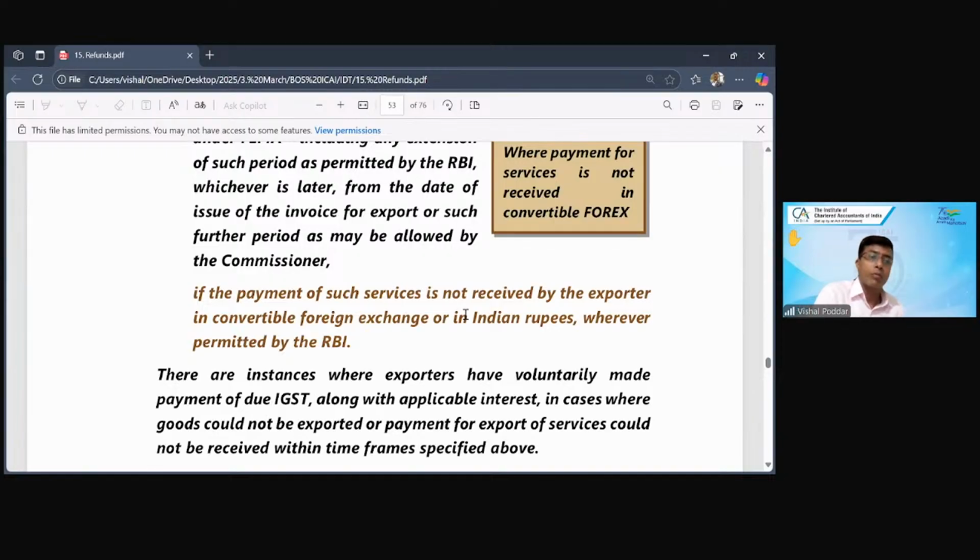That is why for services, as we have read earlier also, the payment receipt is an important condition, which is not there in case of goods. Why? Because for goods, you have another very strong proof, that is the custom records. But there are no such custom records in case of services, and hence for services, this condition of payment should be received has been imposed.